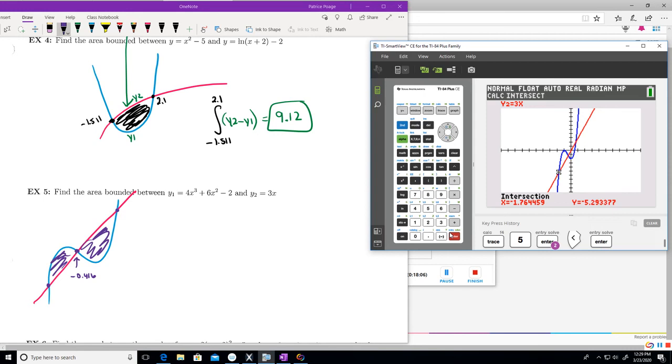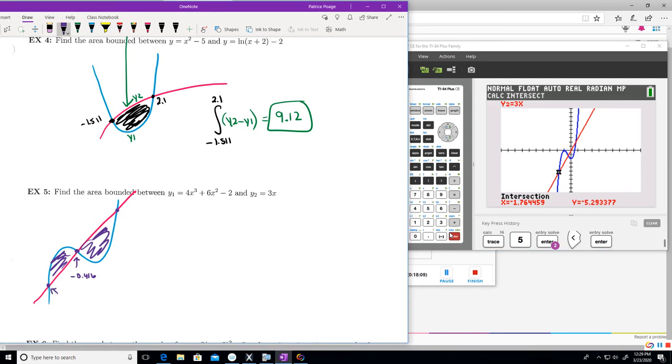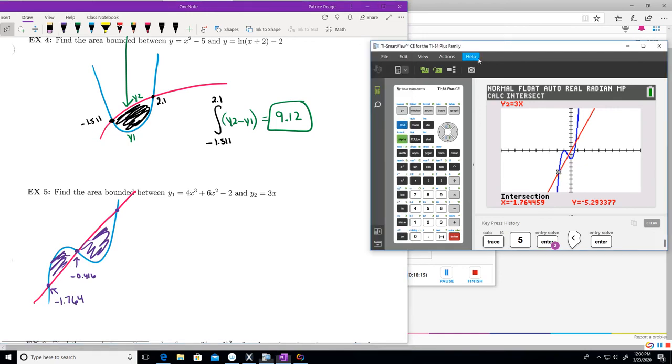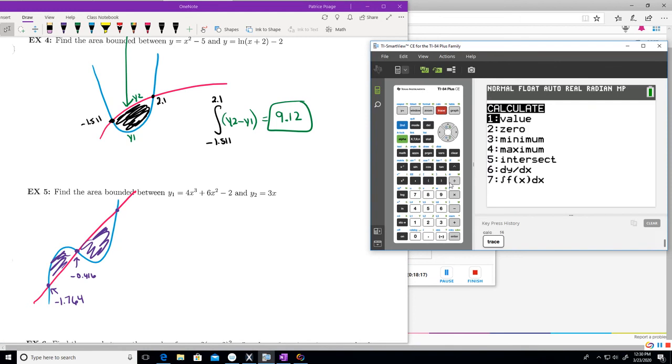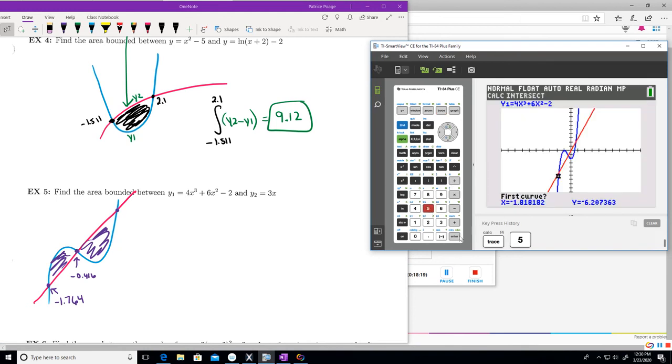Make sure it says intersection at the bottom. And I have negative 1.764. Then second trace, number 5, enter, enter, change my guess, enter, and I have 0.681.